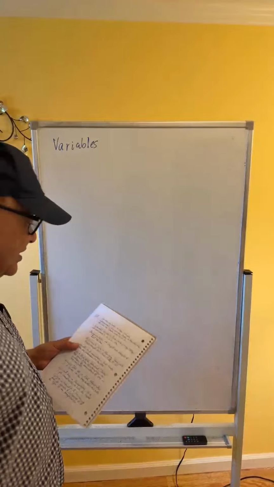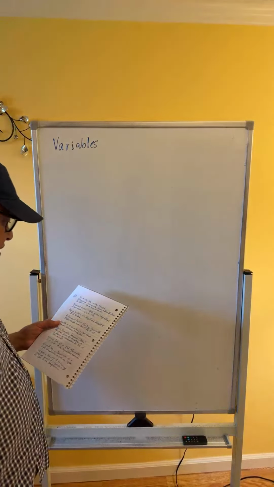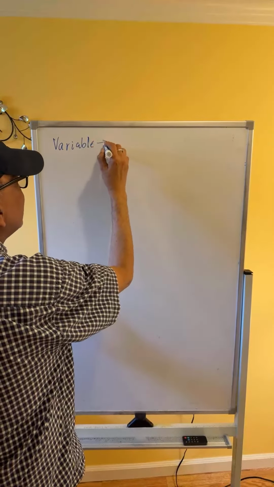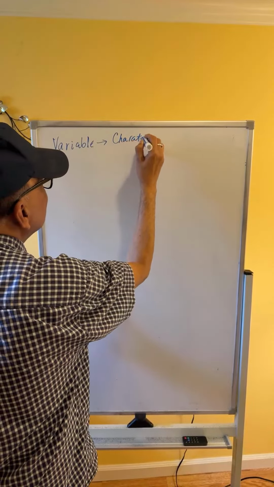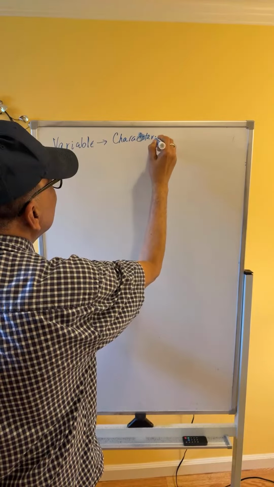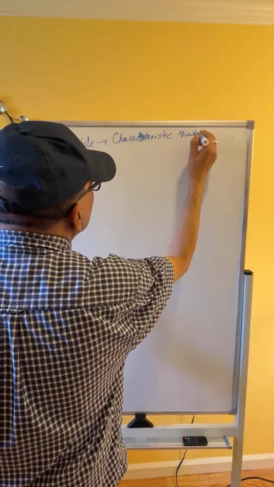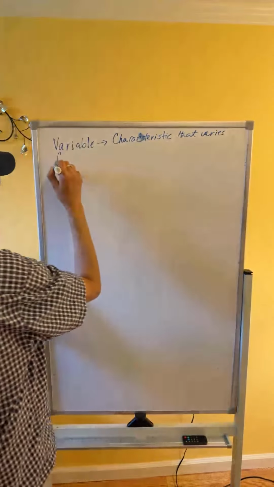That's what I'm saying. So what is a variable? A variable, let's use the singular form, is a characteristic that varies from subject to subject.